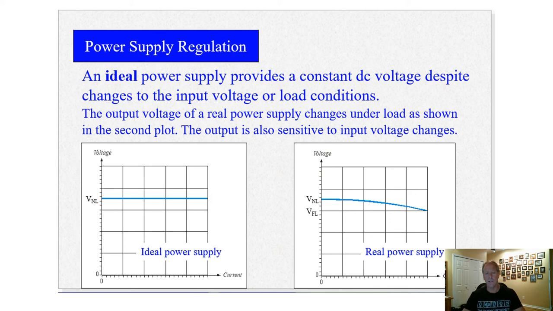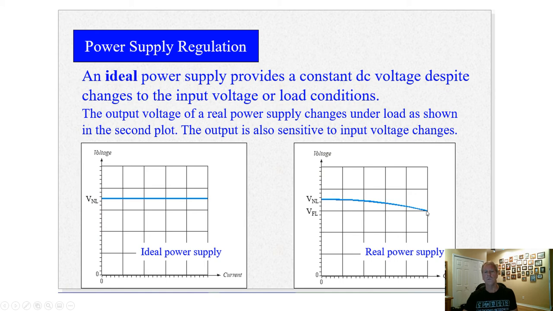They have limitations, and those two limitations are referred to as load regulation and line regulation. Over here on the right we have the load regulation: this is a no load situation, and then at full load, the power supply output actually drops down a little bit.